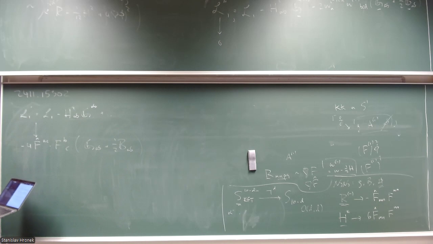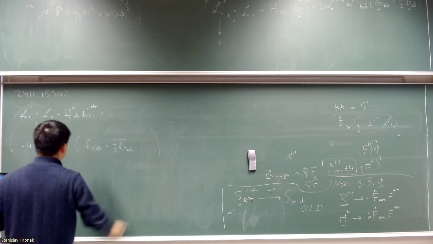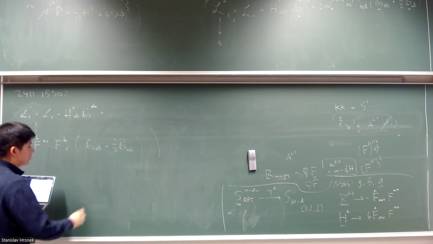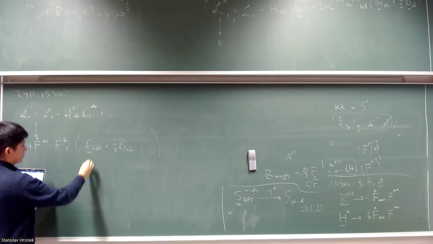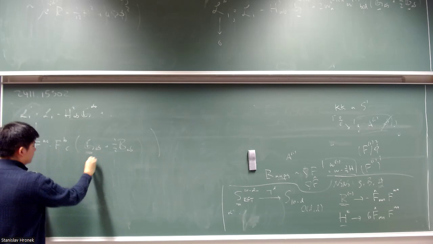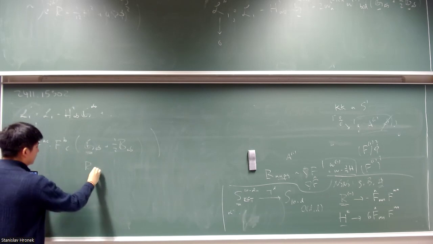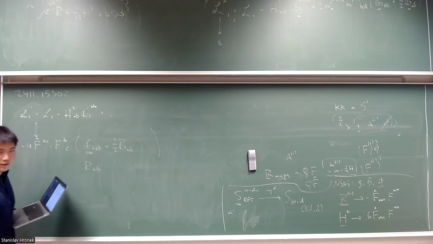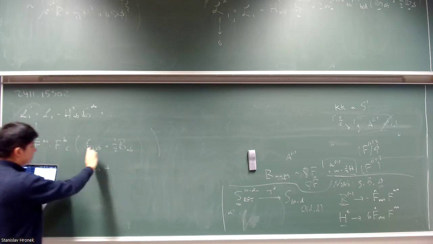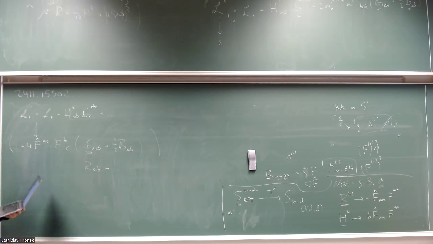And the strategy is basically we consider this term and then we linearize the metric. So this one is the equation of motion for the metric. So it contains some Ricci tensor, this plus something. More strictly speaking, this is the beta function of the metric.